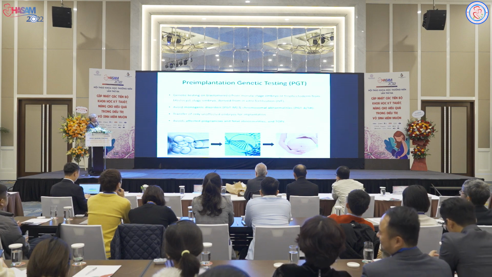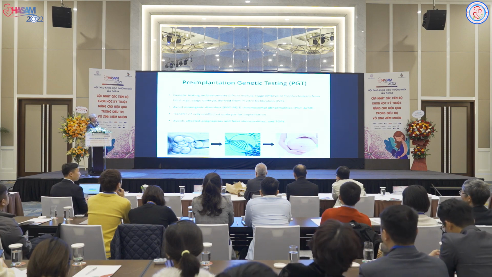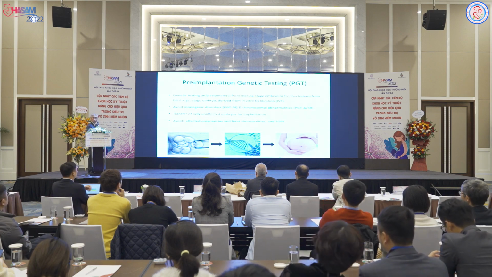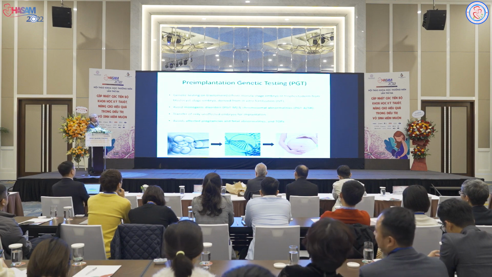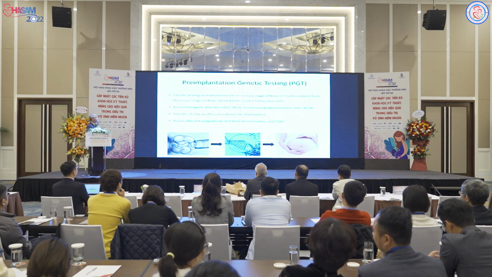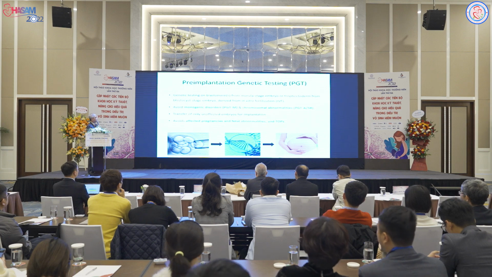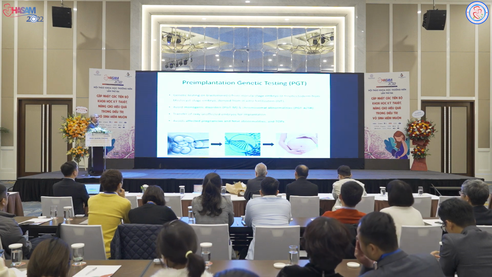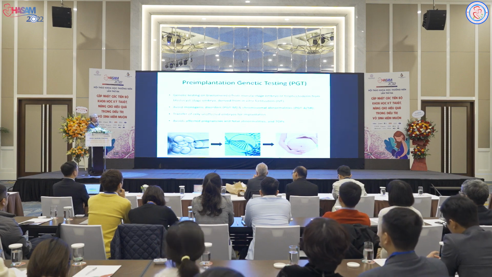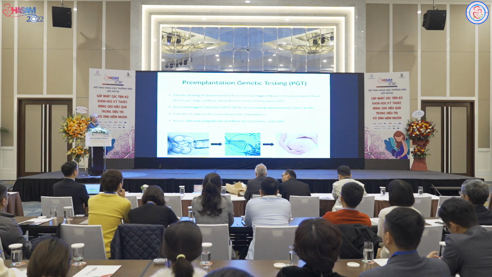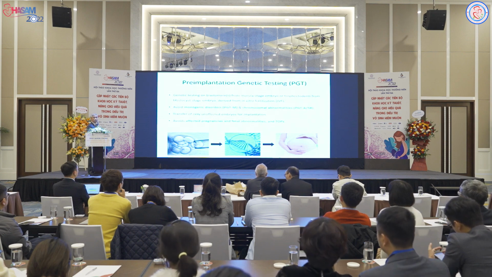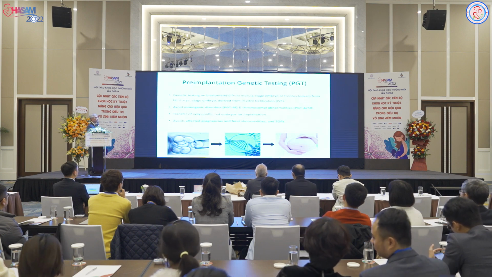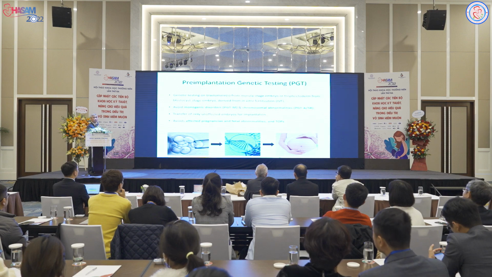And then you can test for monogenic disorders, for chromosomal abnormalities, and as James has mentioned, you can do them both together now. And the whole idea is to transfer unaffected embryos, whether for single gene disorder or for chromosomal abnormality, and thus avoid affected pregnancies and fetal abnormalities, and avoid having to terminate pregnancies.